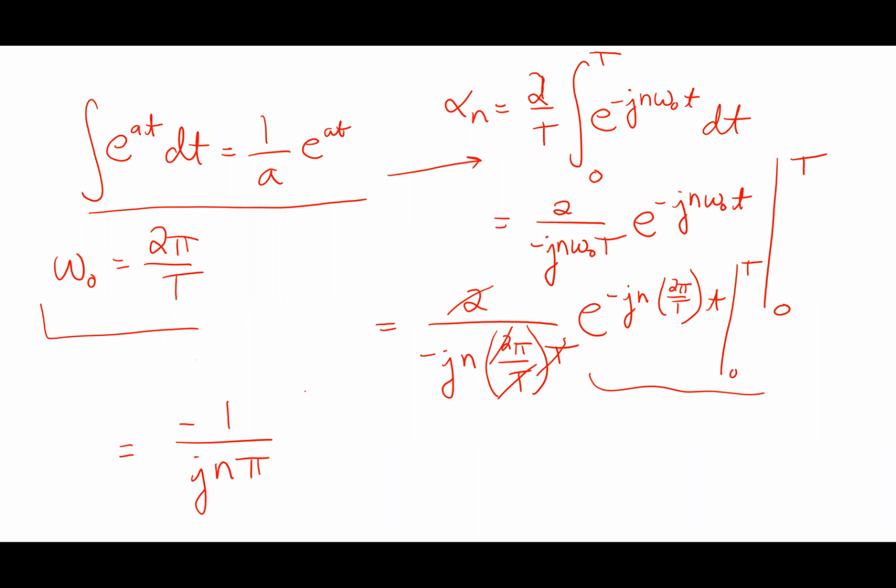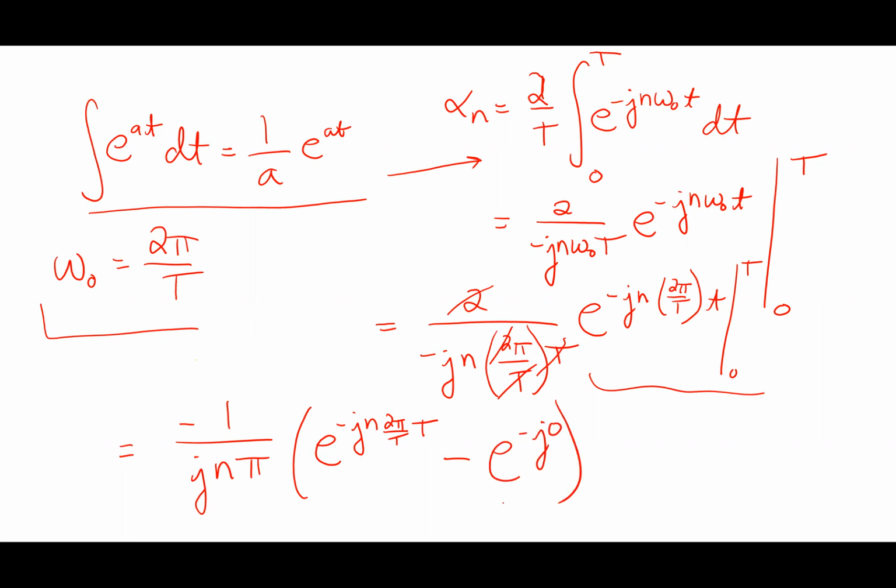Substitute capital T for lowercase t, and then subtract that expression and plug in 0 for t. So this becomes e to the negative j n 2 pi over T times T. That's plugging in capital T, and then minus e to the negative j 0.